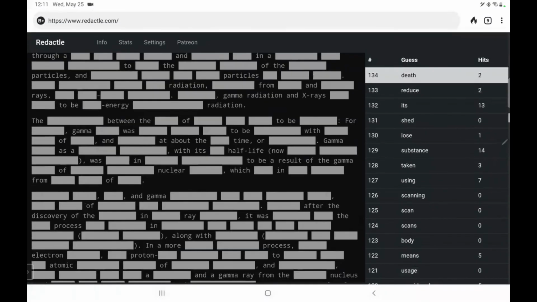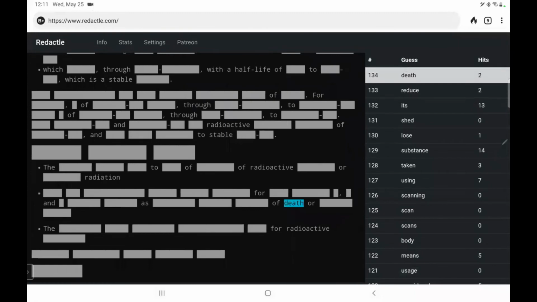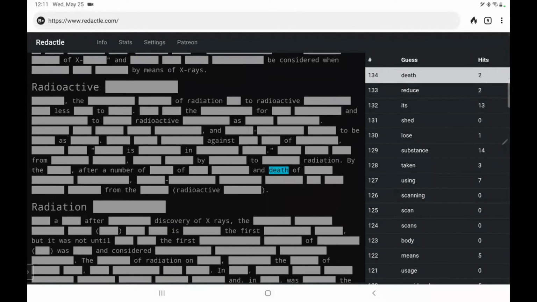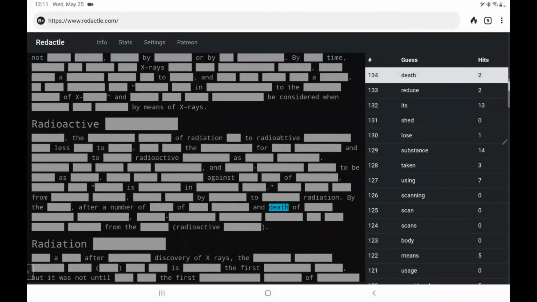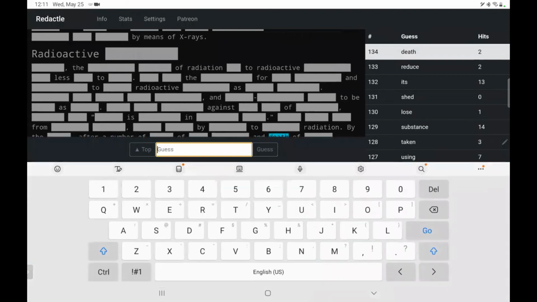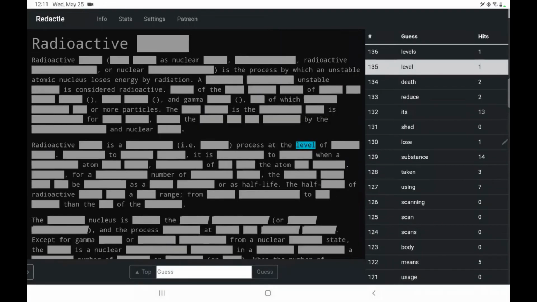No, we do have death twice. And death of. How about level, levels. We have both of them twice. It's some kind of process at the level of blah, blah, blah.